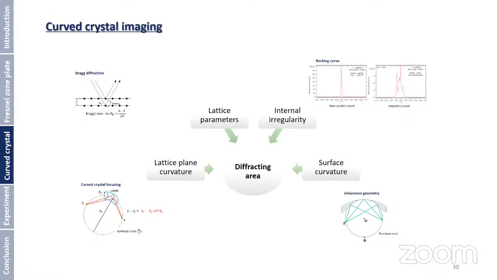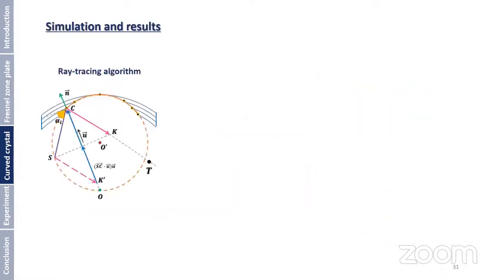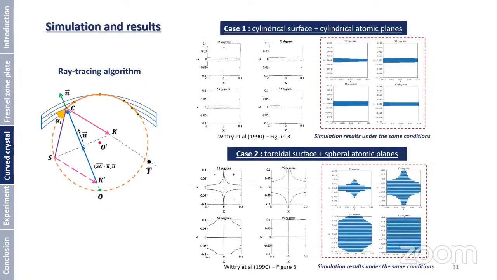In order to consider all these factors in the design of a curved crystal, we developed a ray tracing algorithm based on vector calculation. With this ray tracing algorithm, we studied two cases that have already been analytically studied by Vitry.